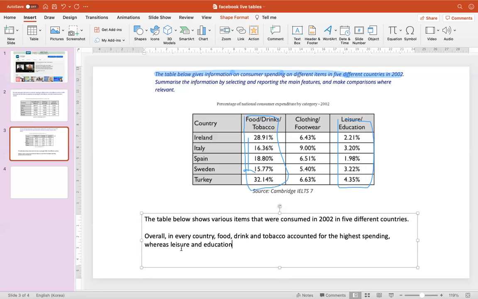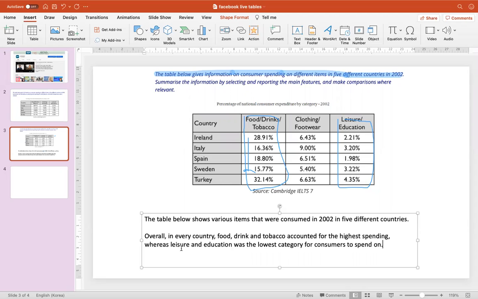Education was the lowest ratio, the lowest category for consumers to spend on something like this.